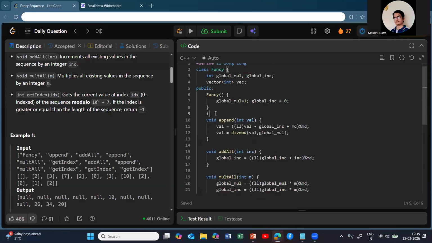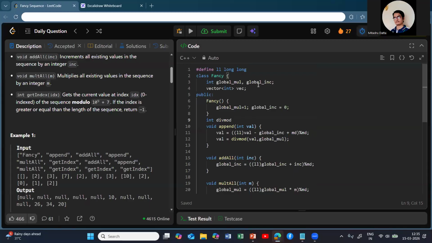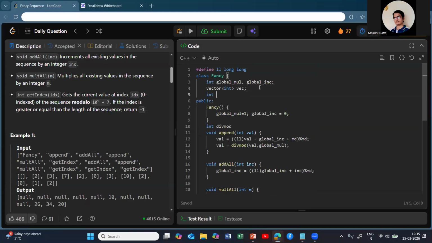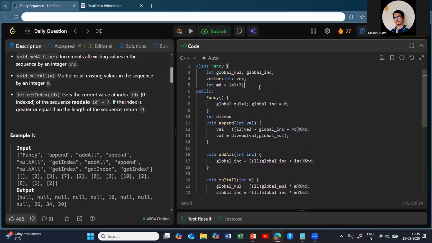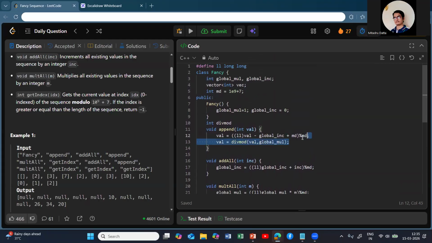So this divmod will have something. Let's keep a mod also in a global variable, int mod. Let's call it 1e9 plus 7. I was using this mod but had not initialized it, so you can do that.